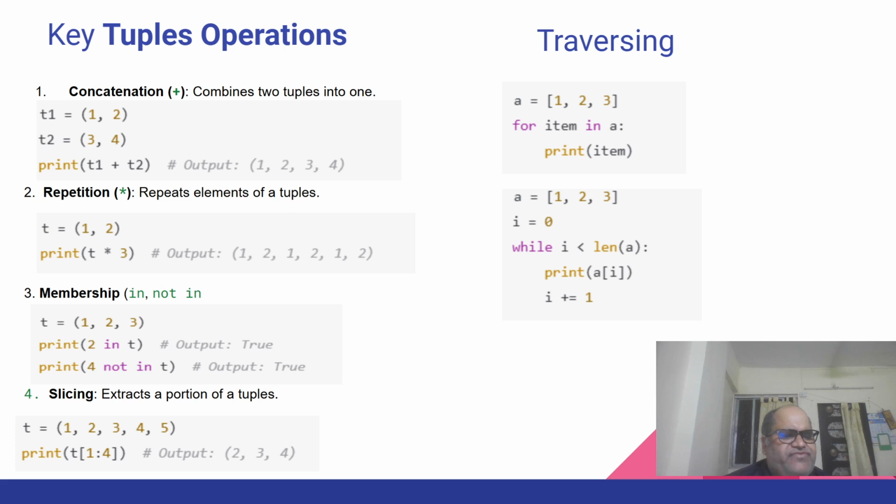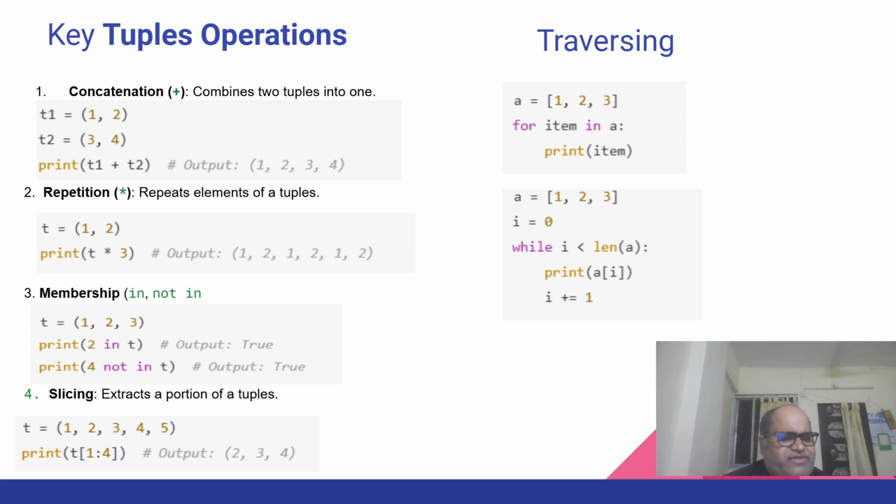Repetition: say your t is (1, 2), and you want three repetitions of it, so t * 3. The star repeats elements of a tuple, so 1 2 1 2 1 2. Membership, similarly through in and not in. If your t is (1, 2, 3) and you check whether 2 is in t, it will be True. Whether 4 is not in t, yes.